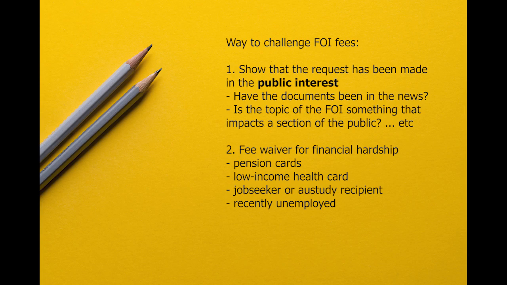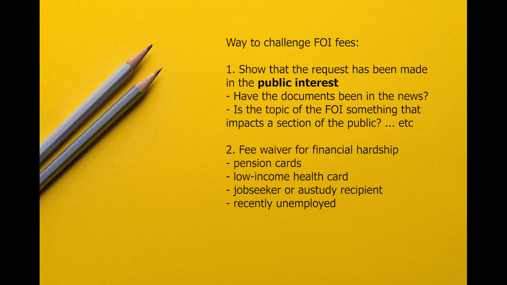So that might be one to try. If you have a friend in your life who has a pension or a Centrelink card, you might even want to ask them politely to lodge the request on your behalf. That way, they'll be able to obtain the discount and financial hardship waivers for you. Personally though, as a student, I've always been able to get away with using my own cards to avoid paying these fees, at least to date.